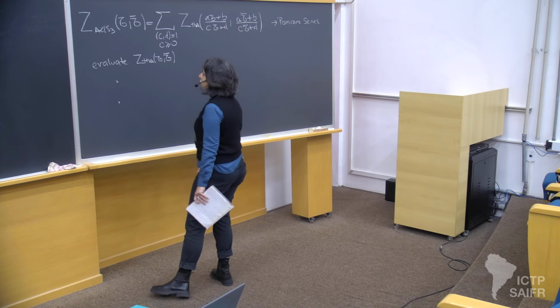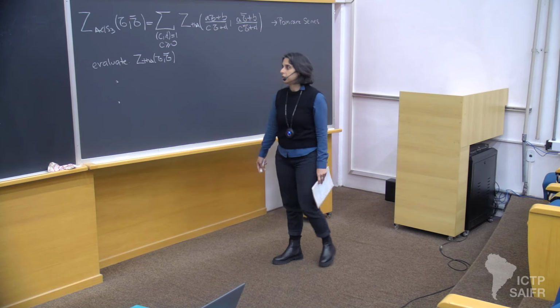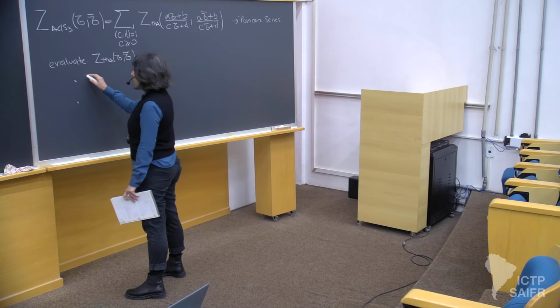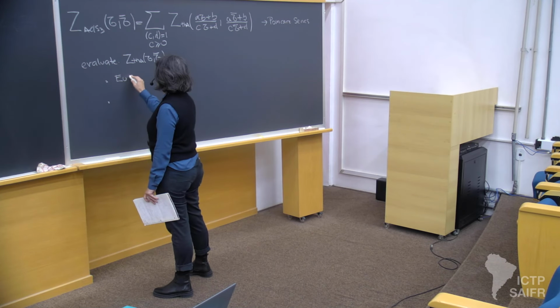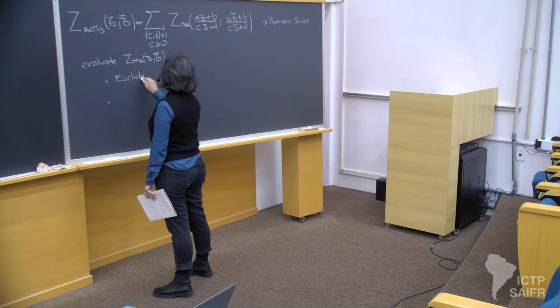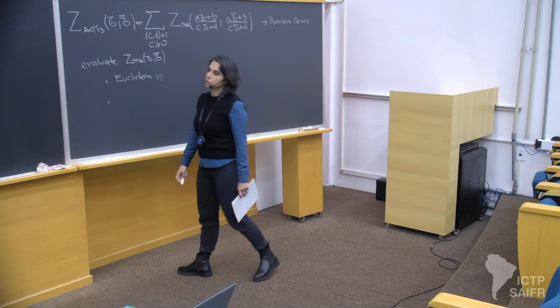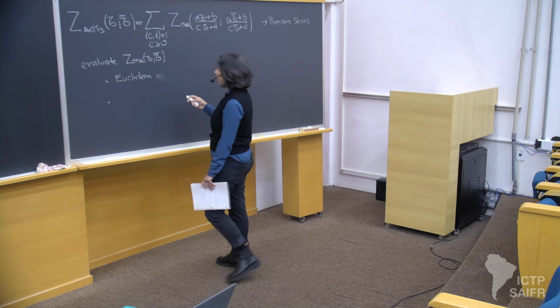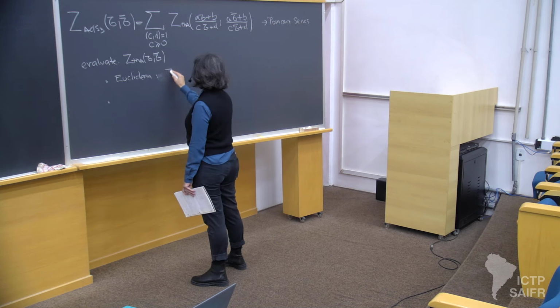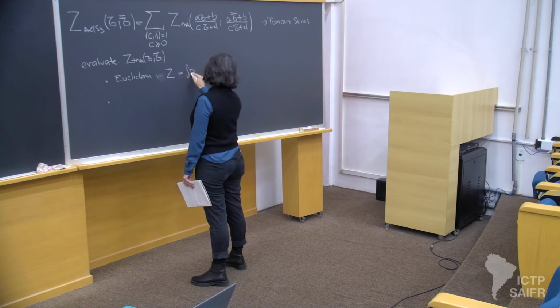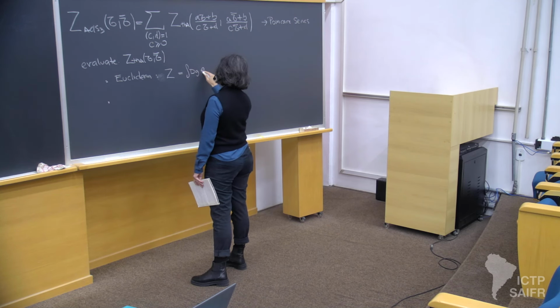Very good. So there are two ways that you can do this computation, and there are papers that have done it in these two different ways. One is a Euclidean approach. By a Euclidean approach, you would say, okay, I had this big path integral over metrics, weighted by their action.